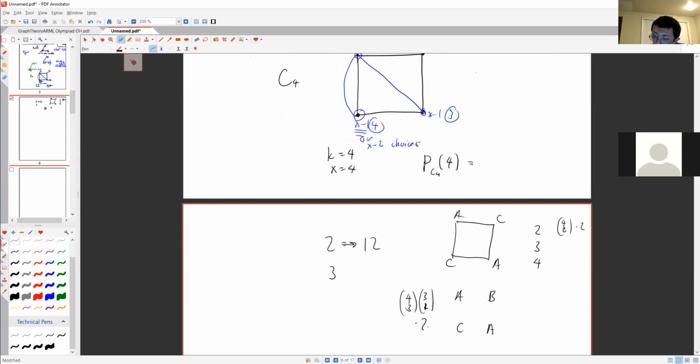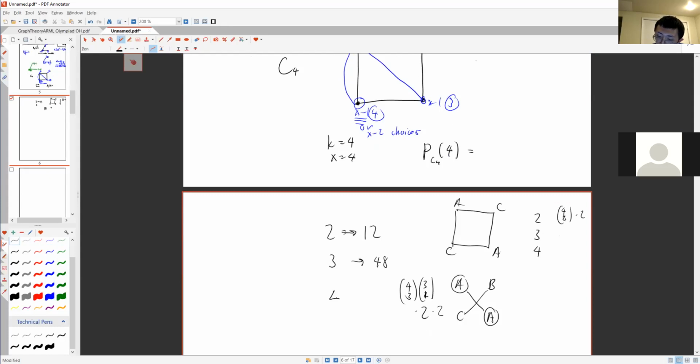And then there's 2 ways to pick whether the repeated colors are on this diagonal or on that diagonal. And then 2 ways, well, I think we've already counted for B and C being different, so maybe it's times another 2. So let's see, 4 times... maybe there's 48 ways. I feel like that's too big.